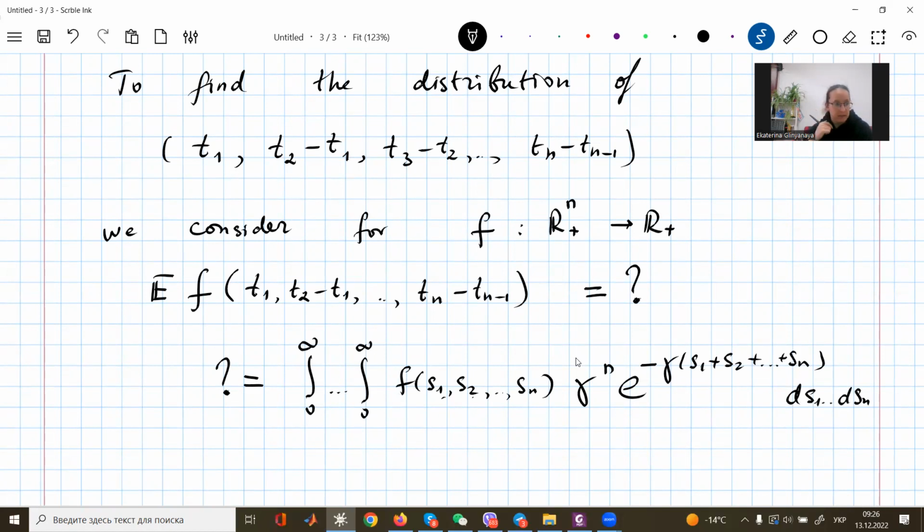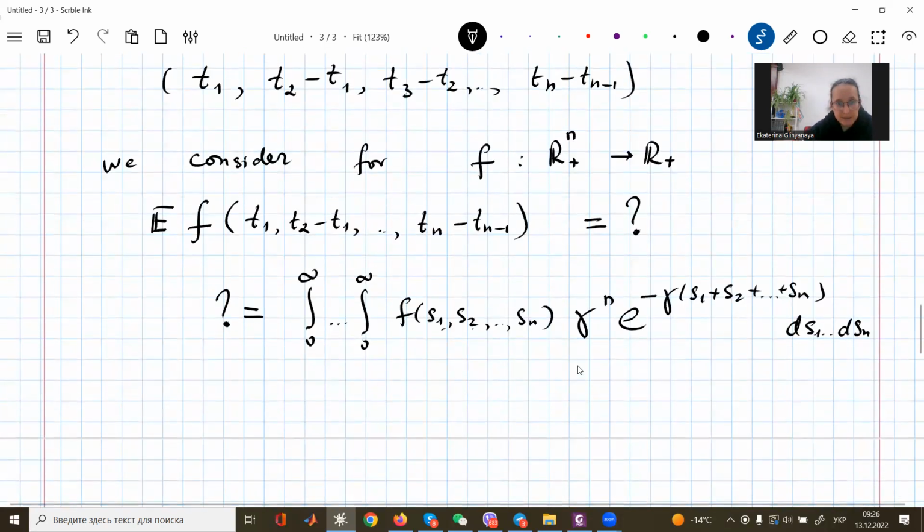So since we will try to prove this formula for arbitrary f, this will give us that the random vector T1, T2 minus T1, and so on has this density.